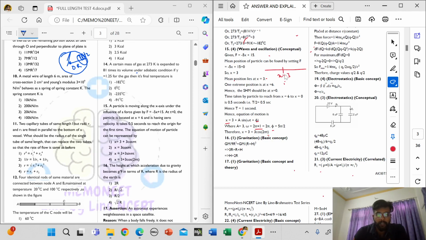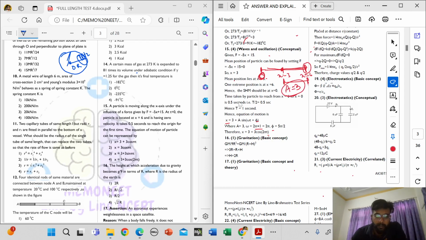At t equal to 0, the particle is located at x equal to 6, having 0 velocity. So at x equal to 6, it has 0 velocity. This is the extremum position, and it again goes in this direction. The mean position is this 3, so it will go till O, the origin. From the mean position to the extremum position is 3 units, which equals the amplitude.